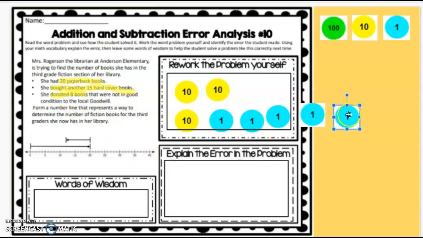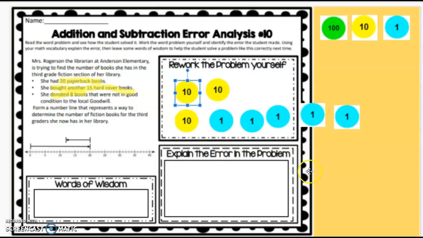Well, I can't just take away 8 here. 1, 2, 3, 4, 5. I can only take away 5 right now. So what do I need to do? What do we need to do to get 8 ones that I can subtract? We need to regroup this 10.